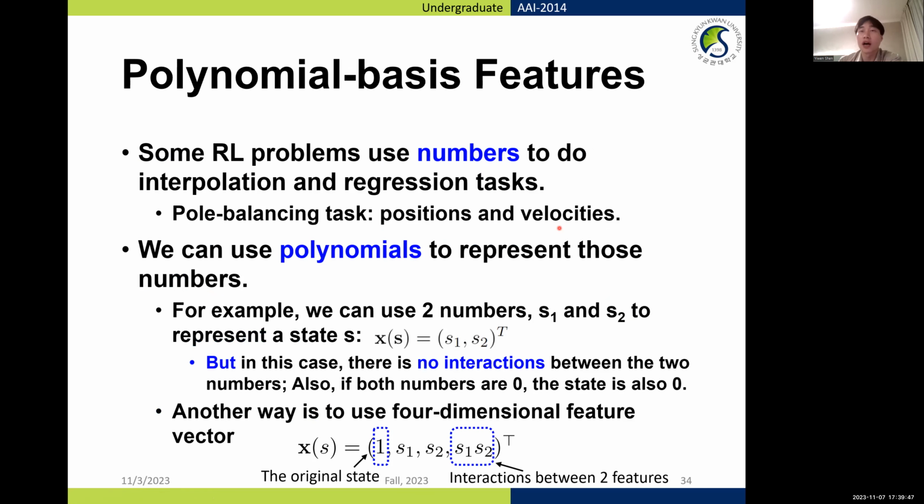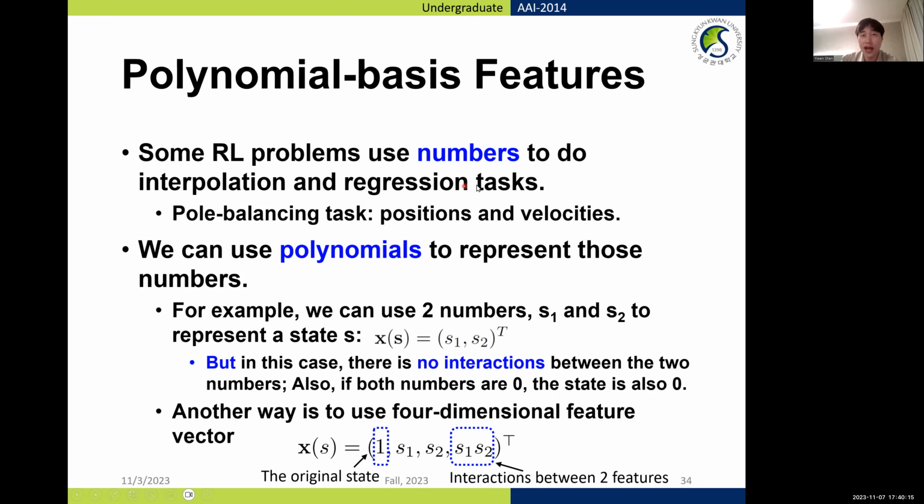There are several methods or basis functions that can be used for this feature design. The first one we are talking about is the polynomial basis features. Some reinforcement learning problems use numbers to do the interpolation and regression task, for example, the pole balancing task.